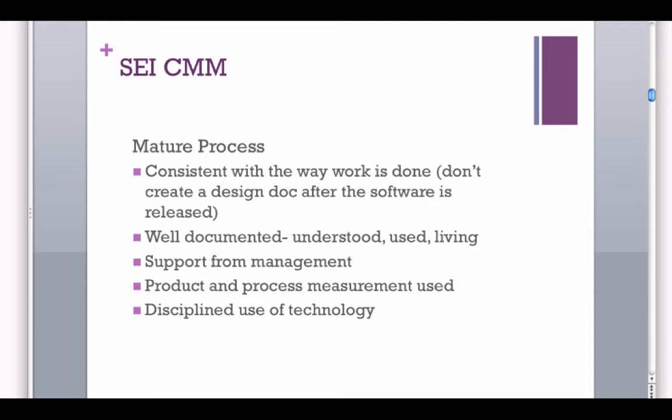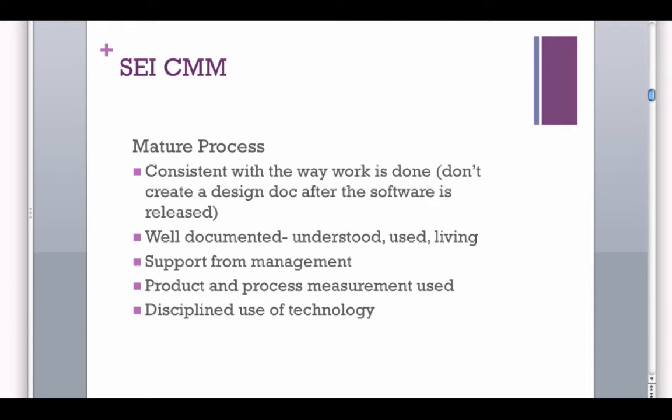However, the process should be living, meaning it can change, but only after a lot of thought and a lot of different people's experiences. So if the group has decided that having an SQA team, yeah, it's part of the process, but it's not really buying us that much, right? The group as a whole should be able to decide, we're going to take that part out of the process.